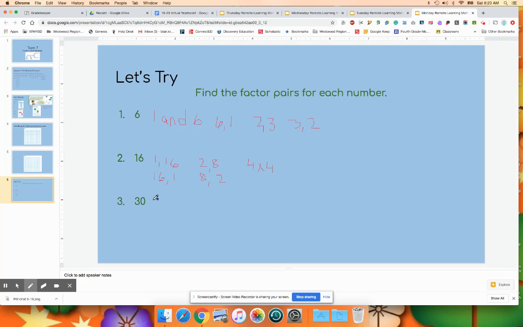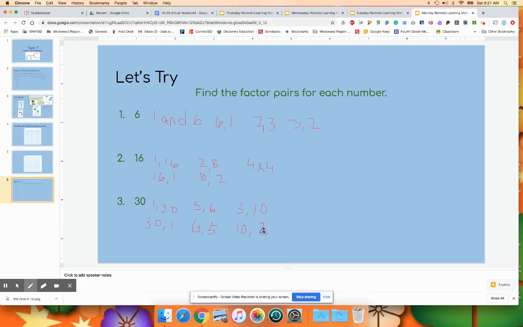30, this is a good one. So 1 and 30. Oh boy. Flip it, 30 and 1. I know 5 times 6. 6 times 5. 3 times 10. 10 times 3.